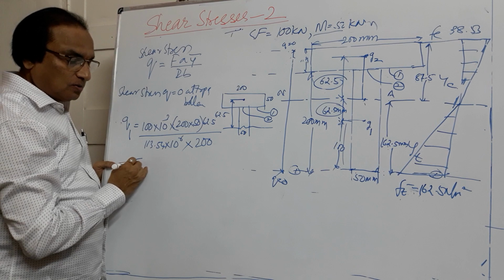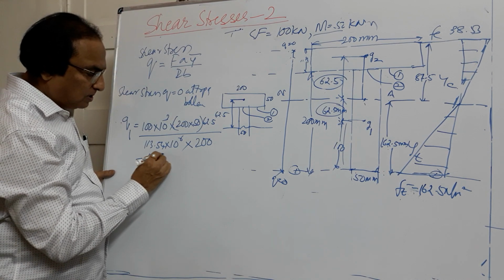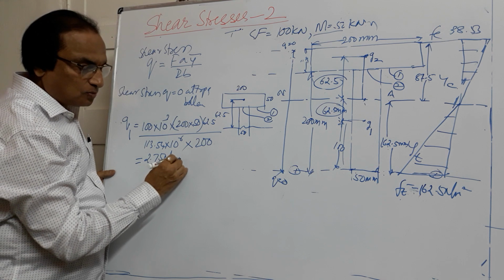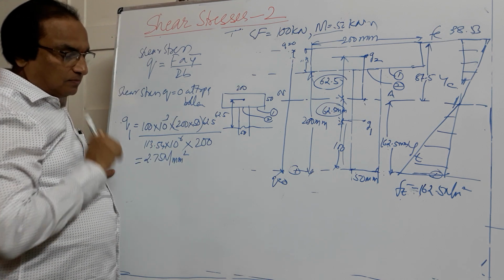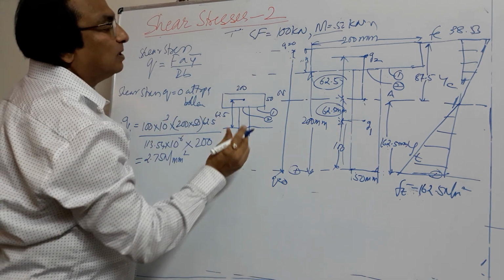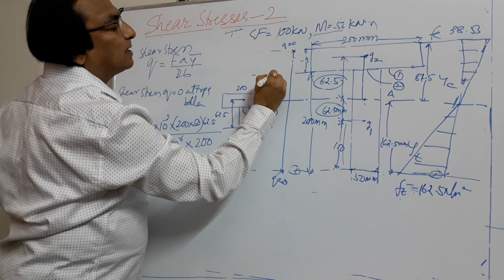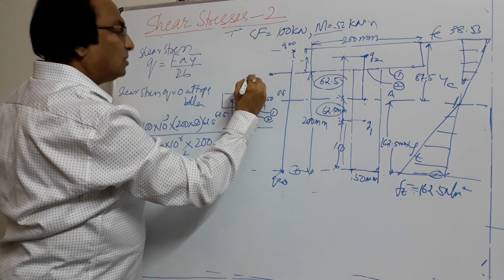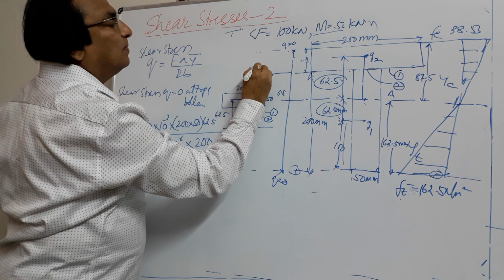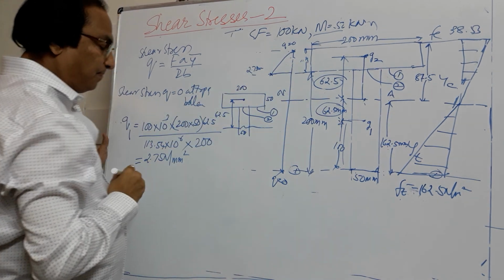This will give the stress at level 1 as 2.71 Newton per mm square. If I plot it, this is 0, and from this point it will be 2.71 Newton per mm square. I have to join these 2 points by a parabola.